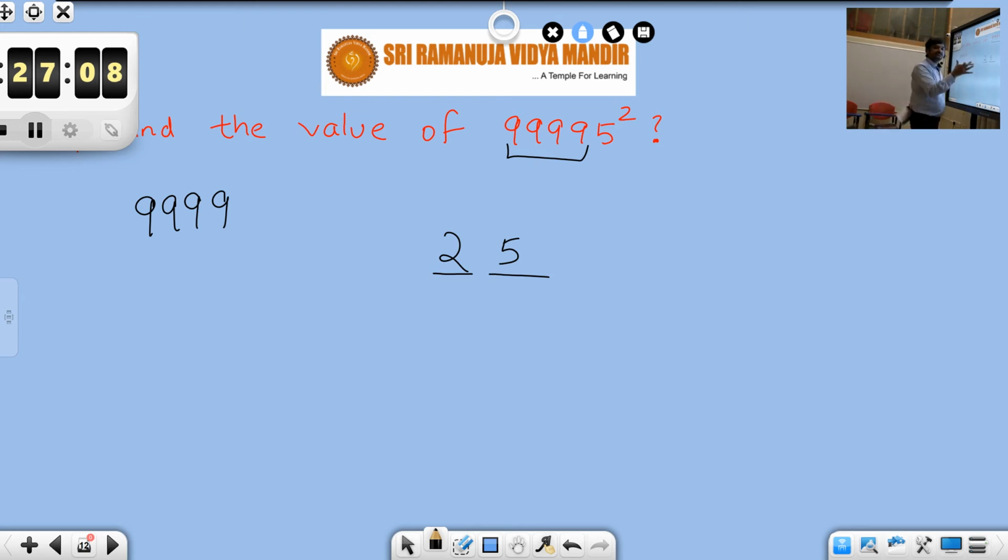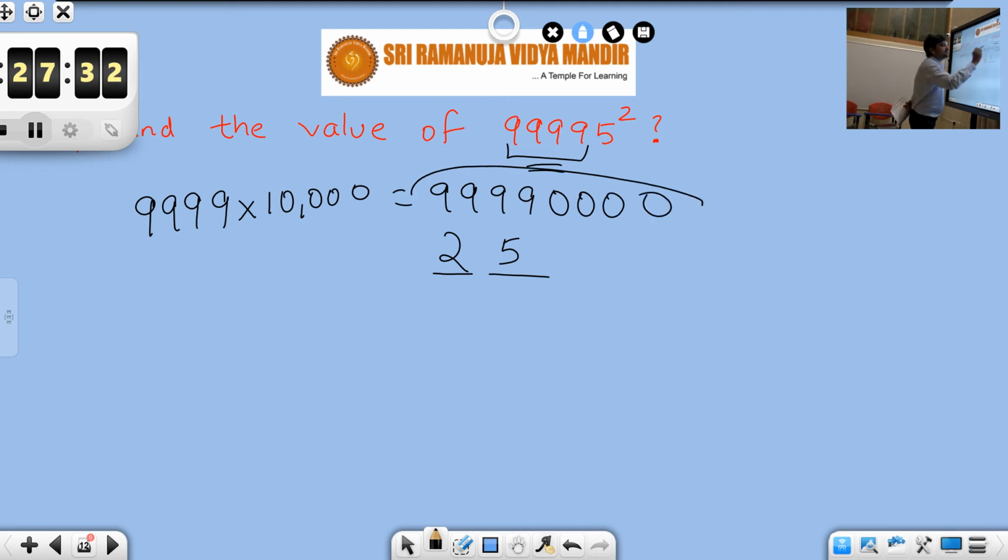To find the leading digits in the perfect square, we'll multiply the leading digits of the number with its next number, that is 10,000. 9999 ends with 4 zeros. So this will be the leading digits in the perfect square: 99990000.